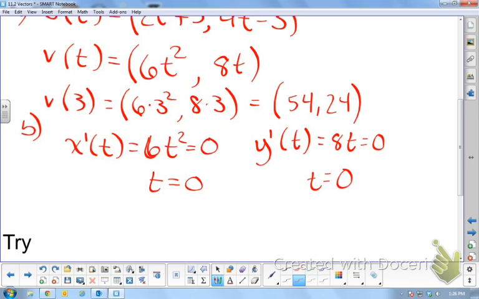So if we do have a spot where the particle is at rest, that's what we will plug into the acceleration vector. So how do we find the acceleration vector? Take the derivative again. We get 12t, comma 8.